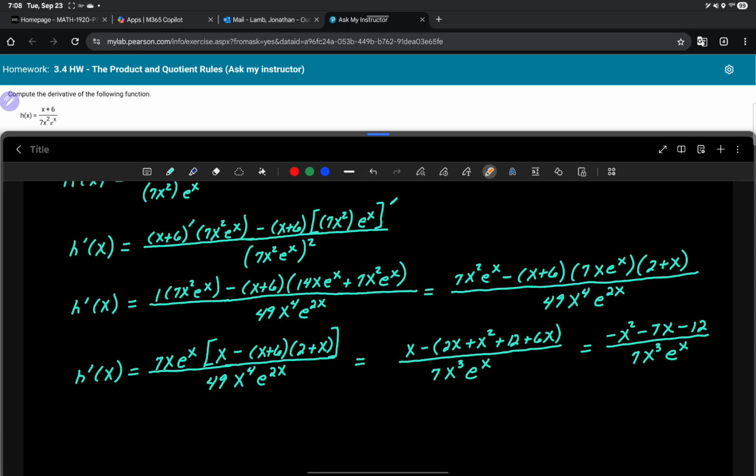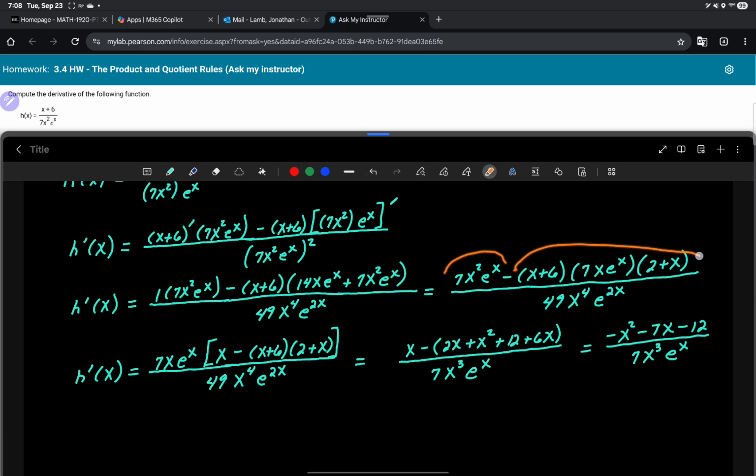And now I took the greatest common factor out of these two terms, and I said, well, they have a greatest common factor of 7x e to the x between them. So I factored that out. When I factored that out, it left me a 2 for the first term and only an x for the second term. Okay, now I can see that this is my first term in the numerator.